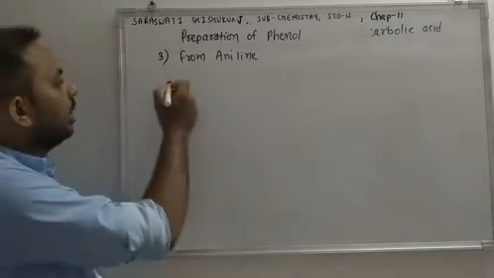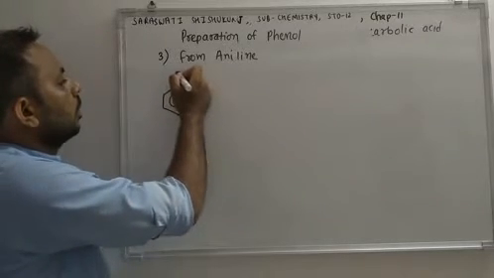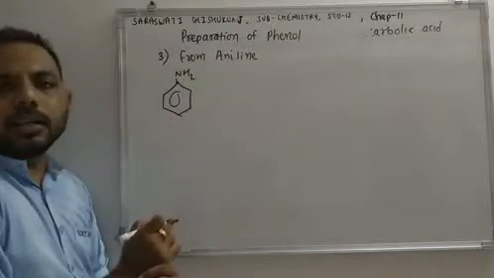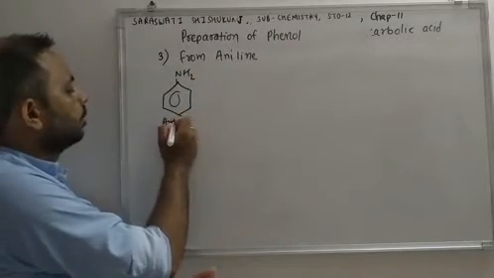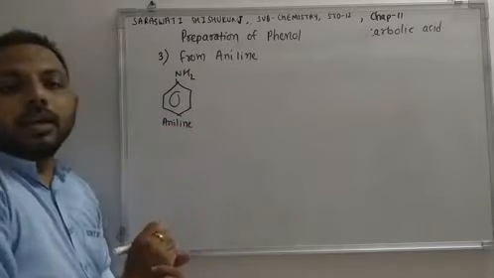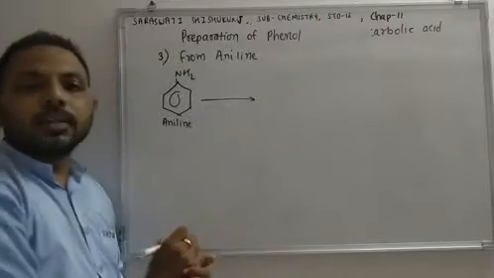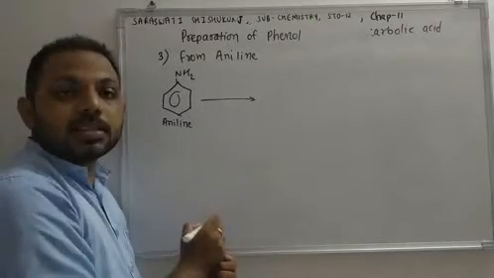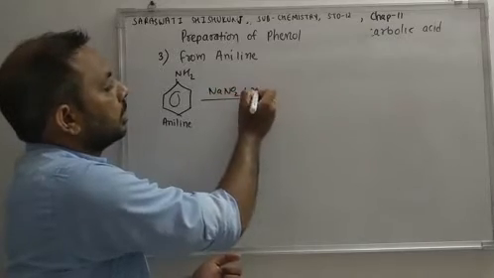From aniline. Aniline is benzene with an NH2 group. So this is aniline. Aniline reacts with nitrous acid, and for nitrous acid we always write NaNO2 plus HCl.